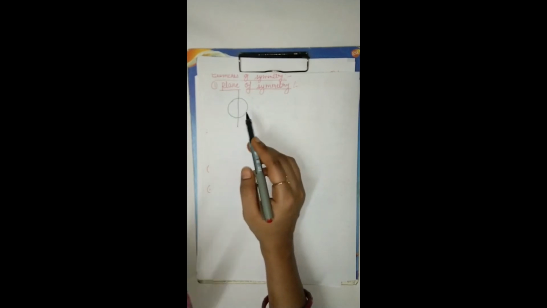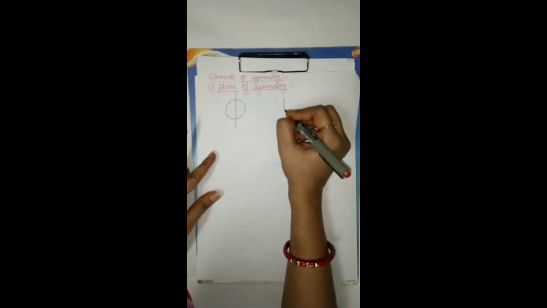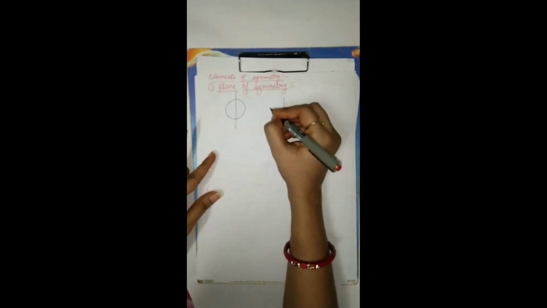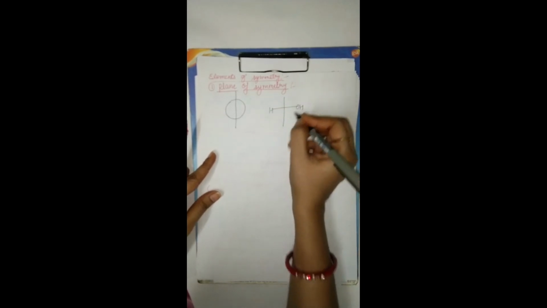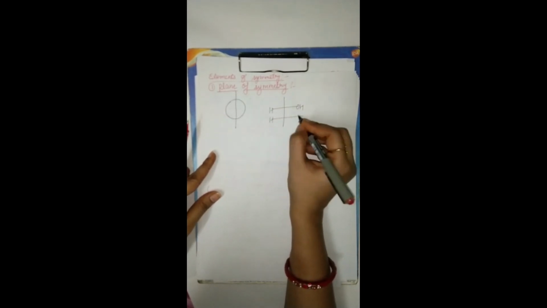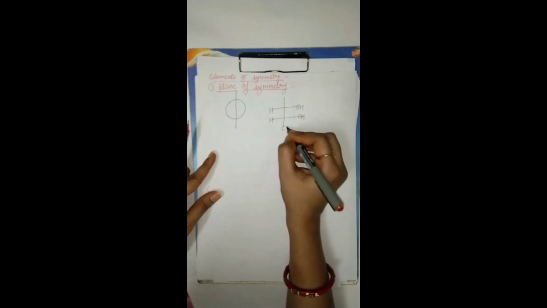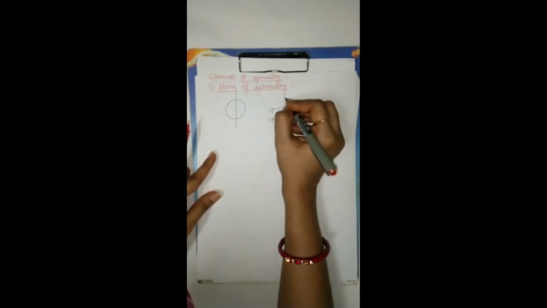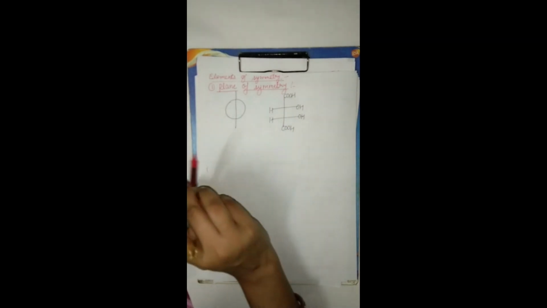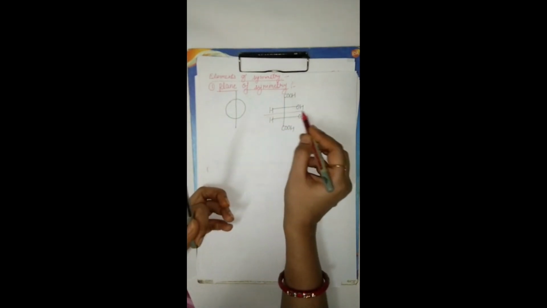This is the plane of symmetry. We are taking one example, tartaric acid, also known as meso-tartaric acid. What is meso-tartaric acid? Meso-tartaric acid is optically inactive. Why? Because one half of the molecule is rotated with the other half, which is internal compensation, or we can say this is the plane of symmetry.